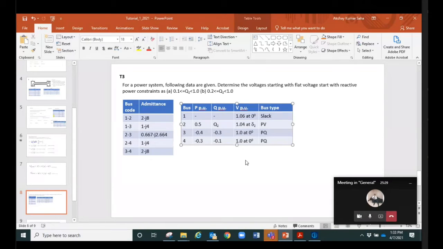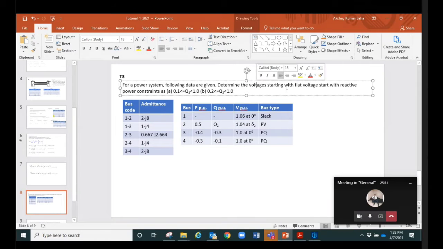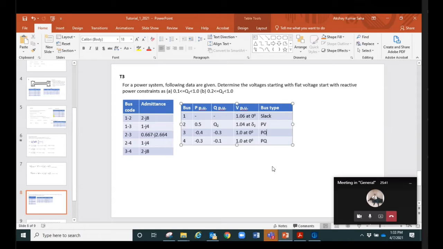From these, what we have to do is determine the voltages, meaning the voltages at these three buses, V2, V3 and V4, but there is a condition. The condition is, in the first case A, Q2 is in between 0.1 and 1.0.